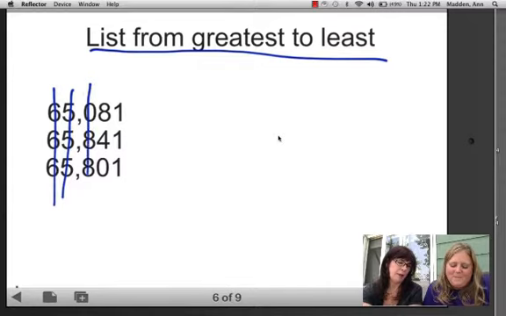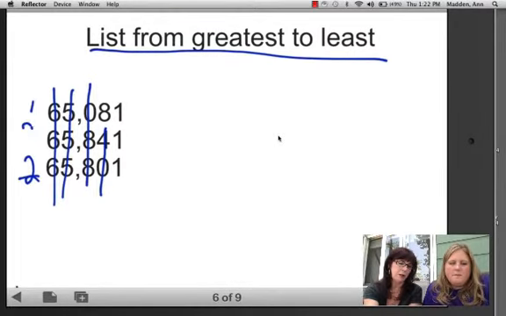The next column I have a 0 and two 8s, which tells me I'm going to list this one as my number 1 so I can keep them in order. And now I need to compare the last two because the 0 is smaller than the 8s, and I'm going to go to the next digits, 4 and 0. Now I know that this is the next smallest, and this would be my largest.